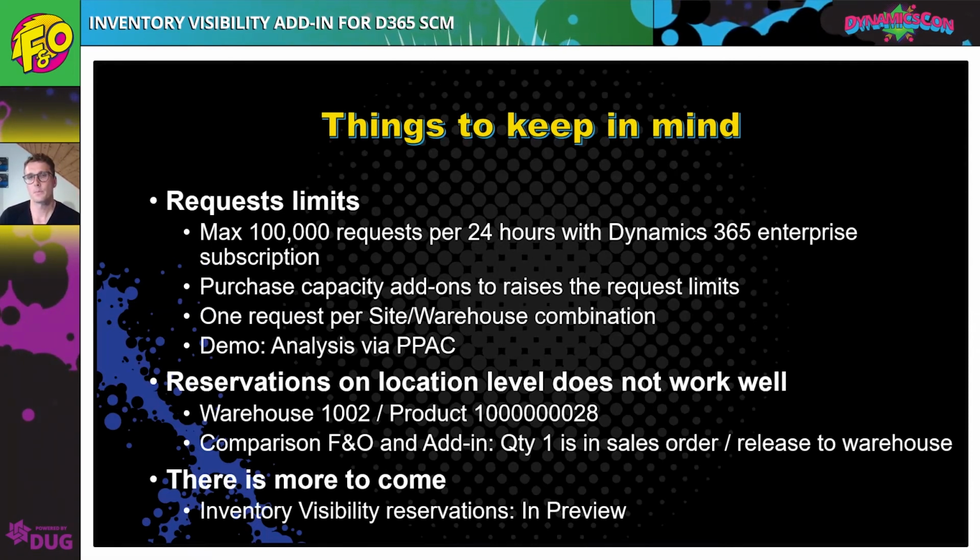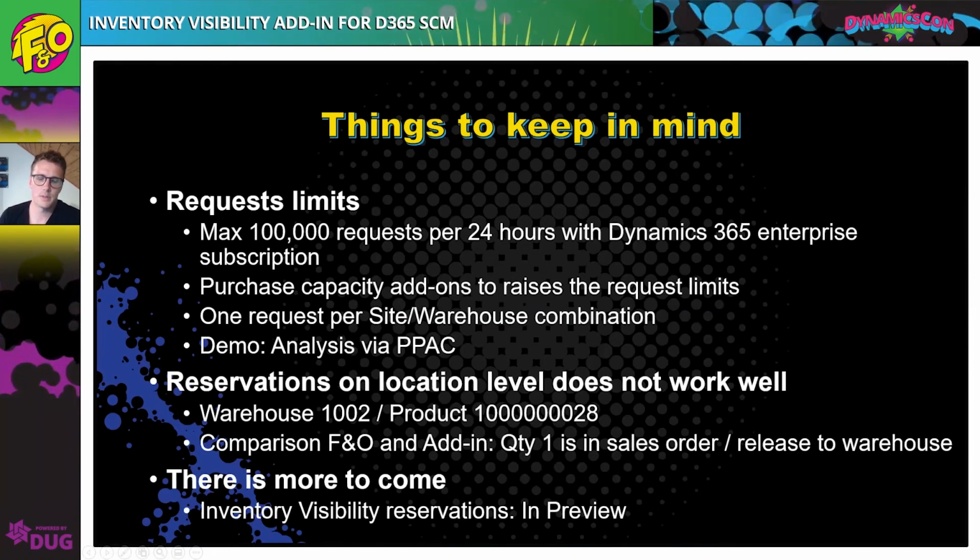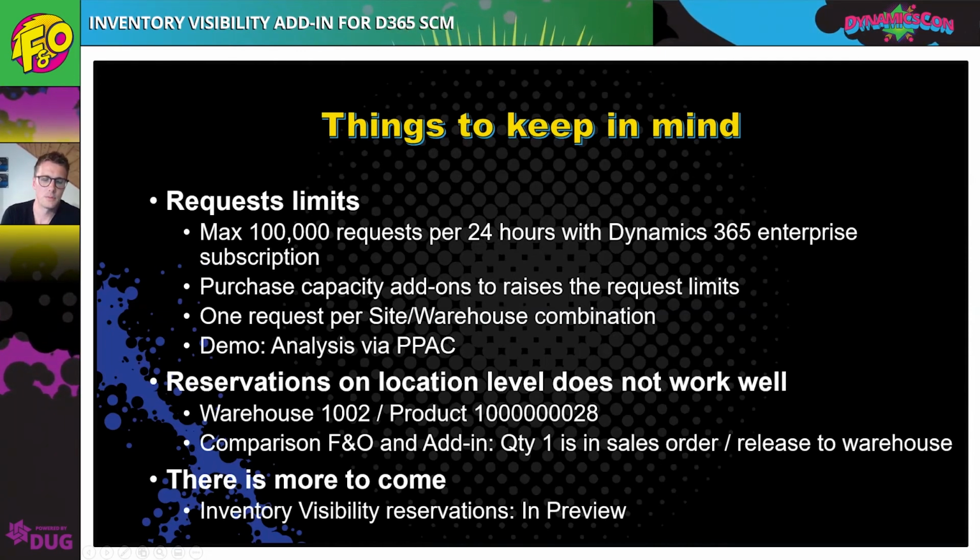When you release to warehouse and then create the work, it will show you another quantity 1. So you have 2 reserved afterwards in the inventory visibility add-in. That will be fixed in the future, but currently this is a limitation. And if you use a WHS solution, this is not that good.